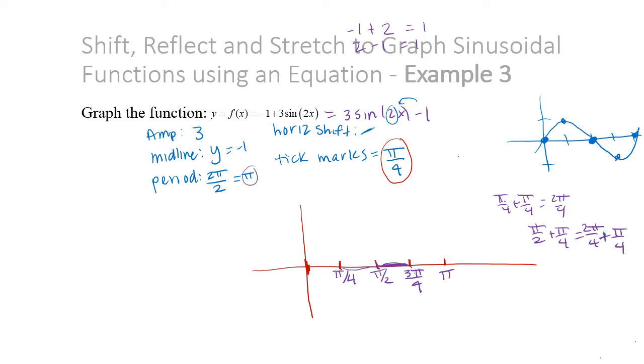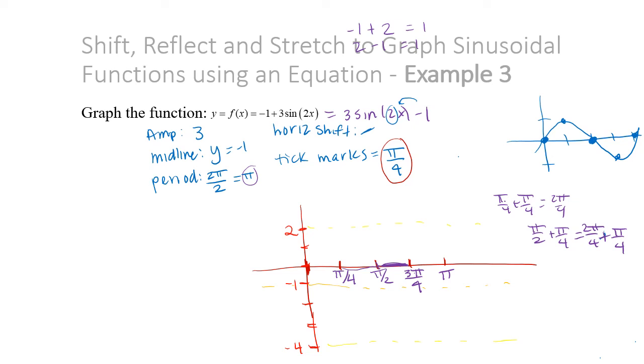Okay, so we've got our midline at -1. And then I've got my amplitude is 3, so we're going to go up 3. So your maximum is going to be at 2, and then you're going to go down 3. So your minimum's at -4. Okay, so there's no reflection, so that's good.